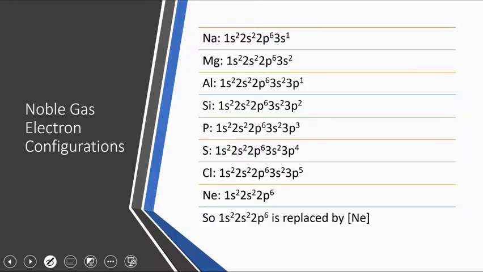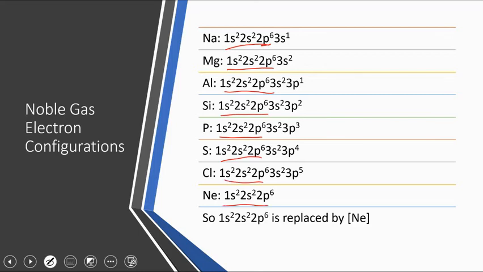So here's the deal. It's really easy to look at this and go, well, that's a huge waste of time. Why do I have to write out every single one of those? Well, if I look at sodium, magnesium, aluminum, silicon, so I'm going across the same row, I can see that all of these have 1s2, 2s2, 2p6, all of this stuff.